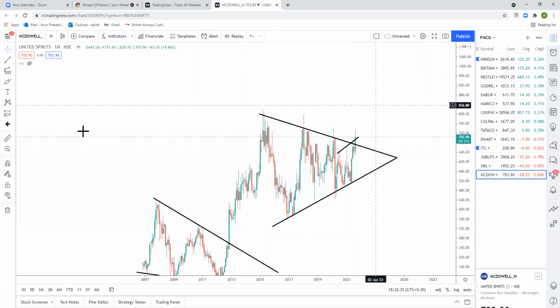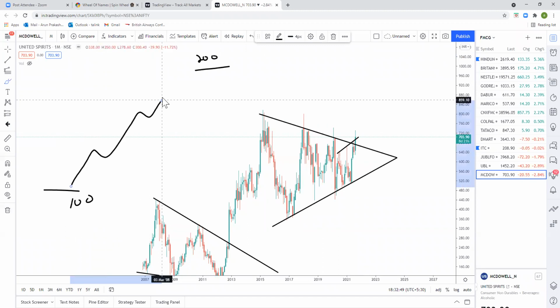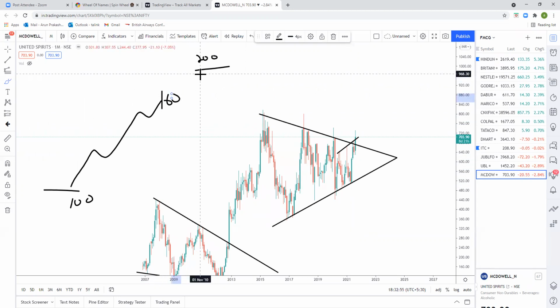Now if you are someone who is just holding on to something, let's say from point A to point B, from 100 rupees, your target is 200 rupees. Now you are holding on to it, and it has reached around 160 rupees. If you are so rigid that I would exit this trade only when my stock is hitting 200, it's okay.